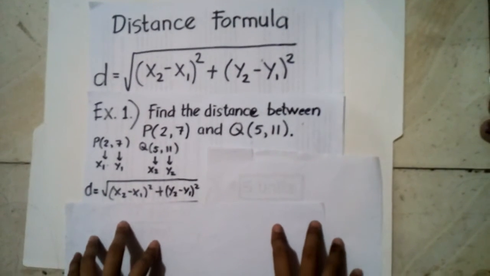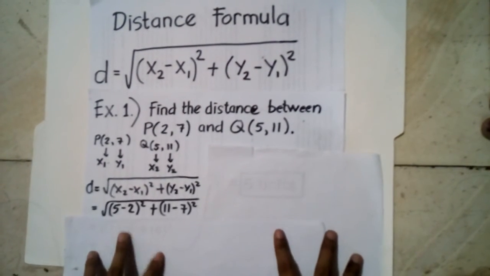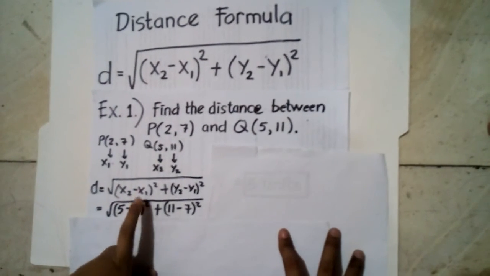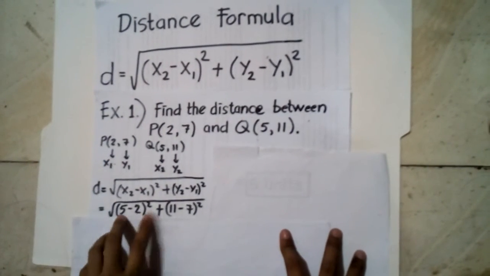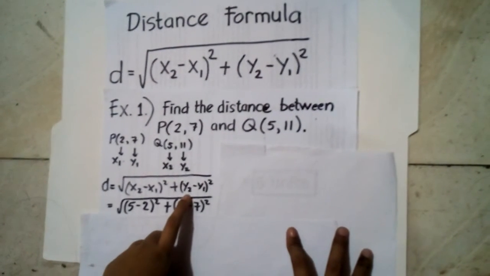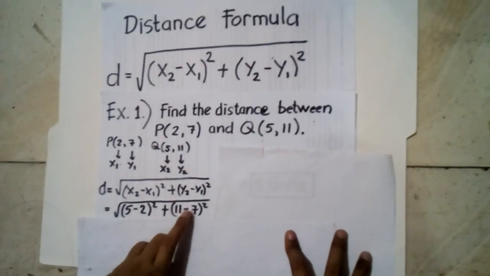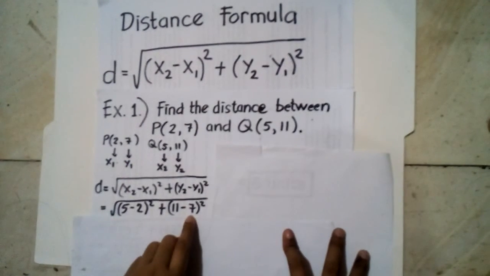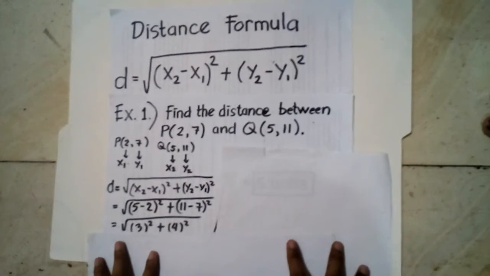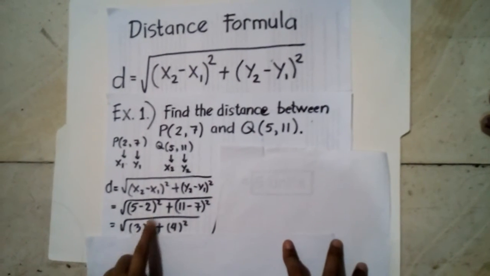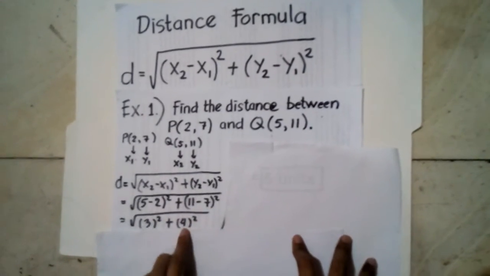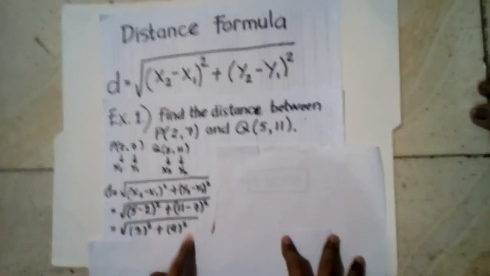And by substitution, we have our x sub 2, which is 5, minus our x sub 1, which is 2, and we square it, plus our y sub 2, which is 11, minus our y sub 1, which is 7, and square. So we have 5 minus 2, which is equal to 3 squared, plus 11 minus 7, which is equal to 4 squared.